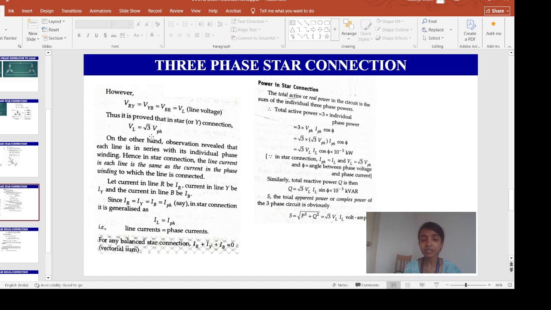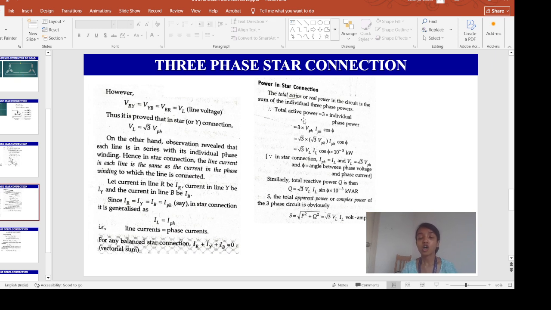And in any balanced star network, we have already seen, if we are connecting equal loads, then the sum of the current flowing at any instant of time through the neutral conductor is 0. So how will we calculate the power in case of a star network? This is a three-phase system, right? So what is the total active power?